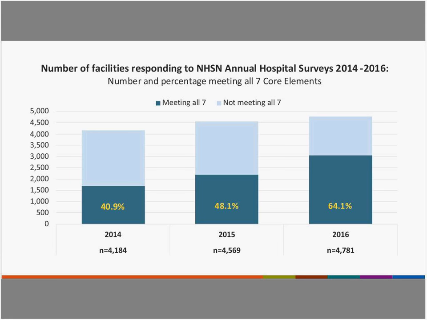We have a ways to go. You know, we really want this number to be 100%. In fact, we do have a goal by 2020 to have all acute care hospitals implement all 7 of the CDC core elements. And I'm encouraged that we are definitely seeing progress in that direction.